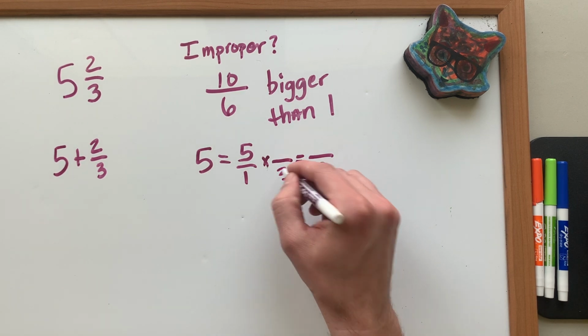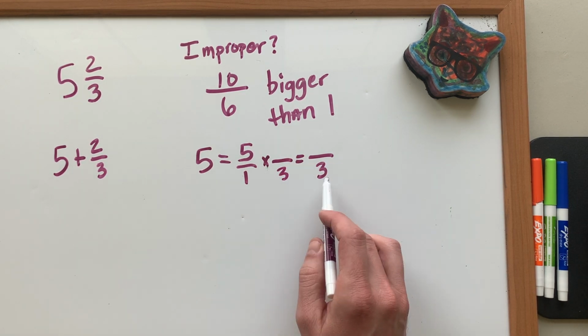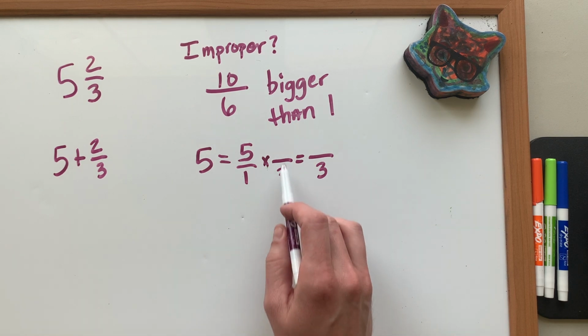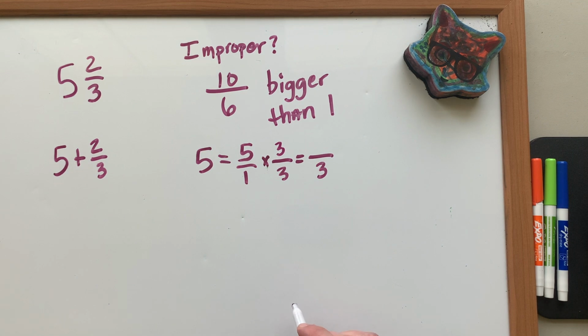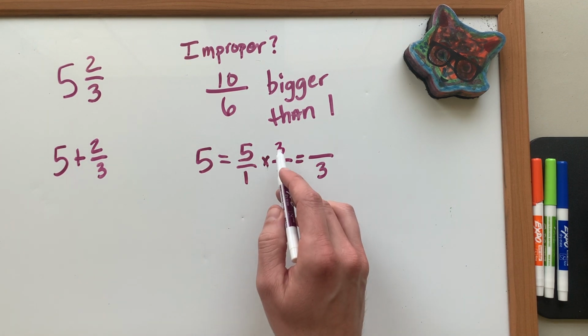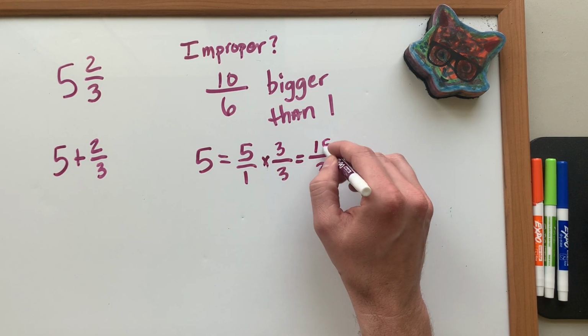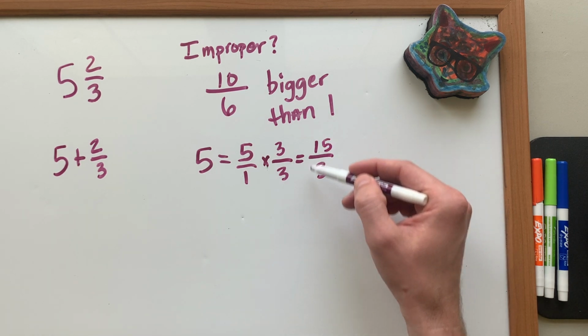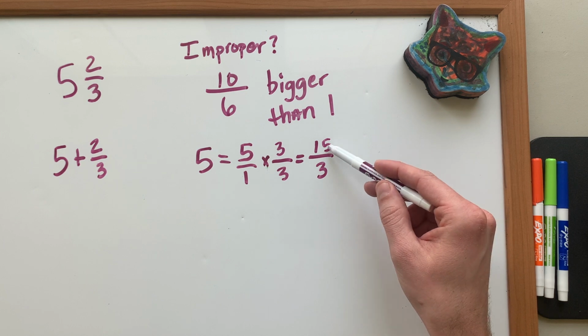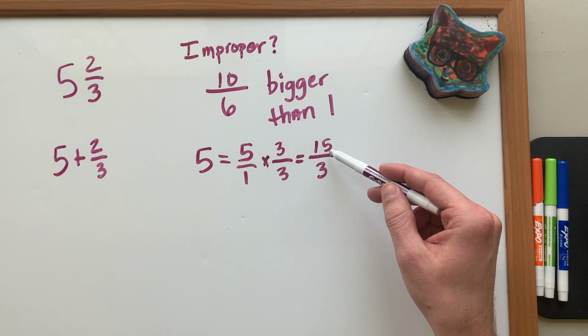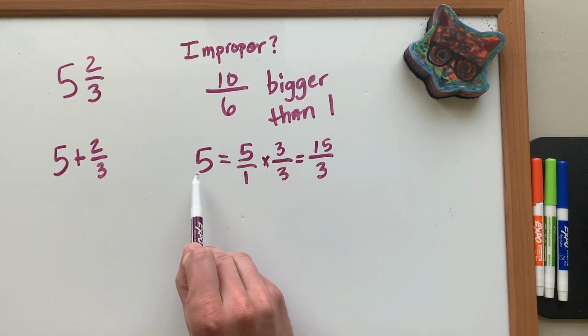That's right, you would get 3. 1 times 3 is 3. If my special 1 has a denominator of 3, it must also have a numerator of 3. And 5 times 3 is 15. This fraction right here, 15/3, is improper because the numerator is larger and it has a value bigger than 1. In fact, it has a value of 5.